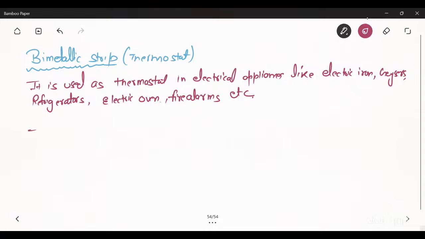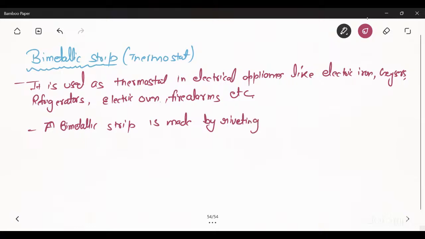And what is a bimetallic strip? A bimetallic strip is made by riveting.